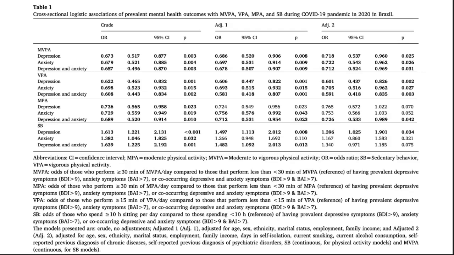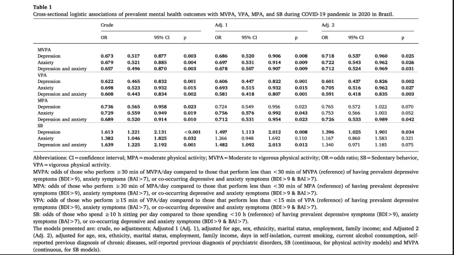And then you can see in the adjusted model 2, they've adjusted for even more covariates in that model. So it says adjusted 2, adjusted for age, sex, ethnicity, marital status, employment, family income. So all of the things they already included in the adjusted 1, and then they also included days in self-isolation, current smoking, current alcohol consumption, self-reported previous diagnosis of chronic diseases, self-reported previous diagnosis of psychiatric disorders.